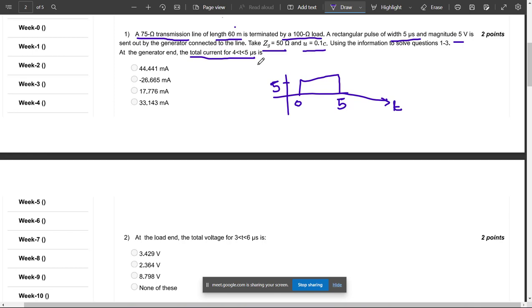Now it's asking for the total current at the generator end. I have already discussed in the previous assignment how we calculate the reflection of the current, how much current after every cycle. So let's try to solve this question in a similar way.